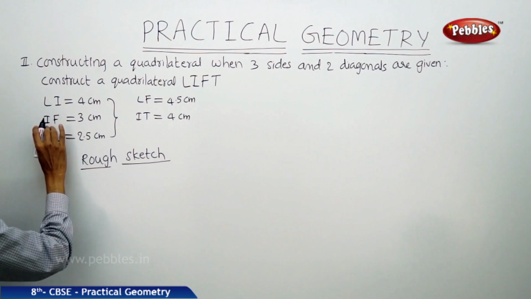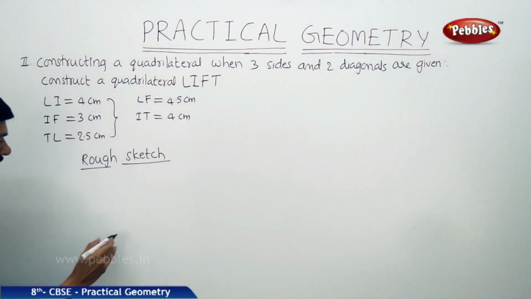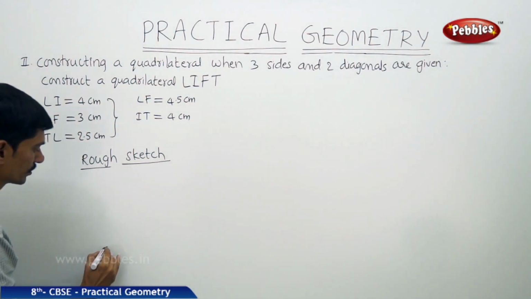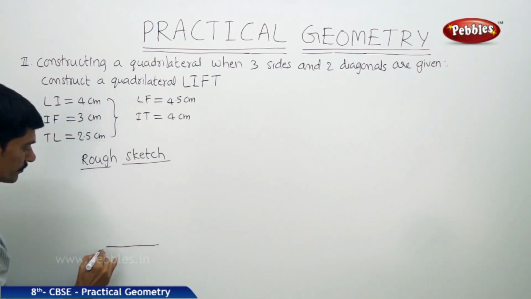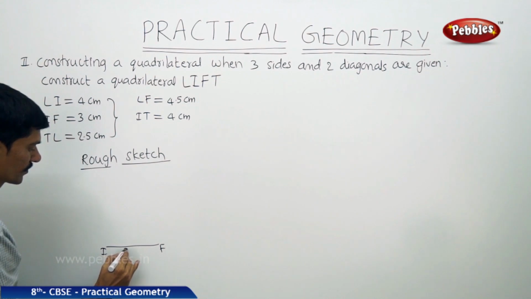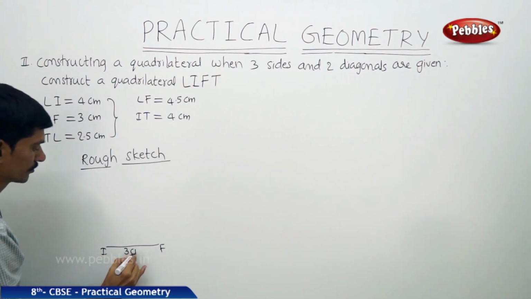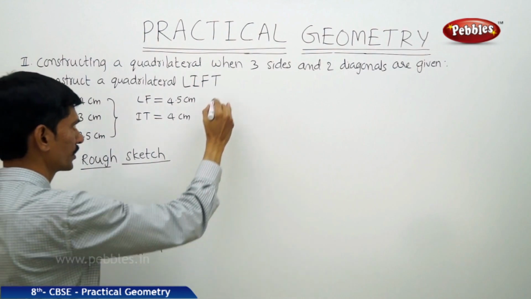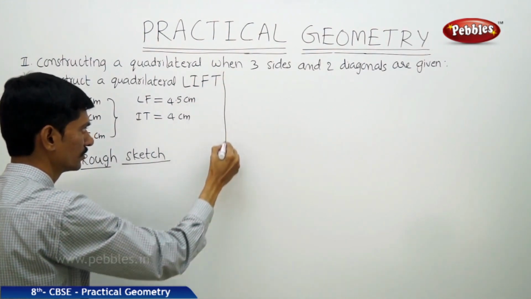Now first you will take the base IF equals 3 centimeters. So draw a line segment IF, 3 centimeters. Now let us write the steps of construction immediately.